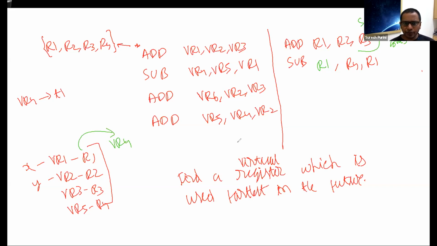That's the idea. It turns out that such a simple strategy is, we can argue, optimal if the code is a straight line sequence of code. If you are working within a basic block, apparently it's a very optimal approach.